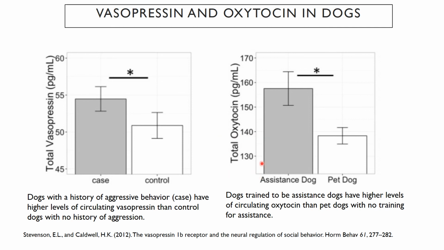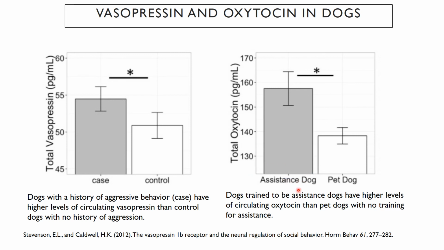In this same study, they also looked at oxytocin levels. And in this case, instead of looking at aggressive dogs, they looked at dogs that have been selected for being assistance dogs. So these are therapy dogs. They're picked because they are super nice, they're sweet, and they love people, and they're not going to show any aggressive behavior.